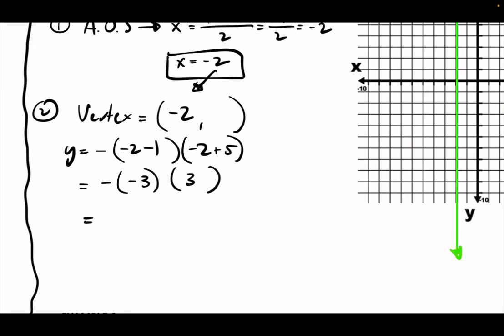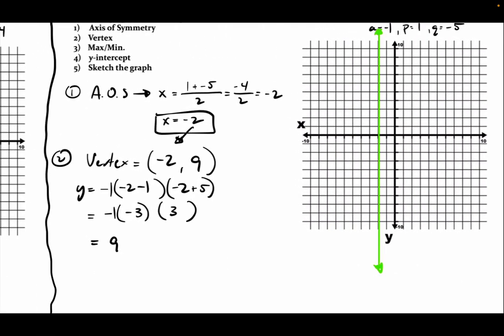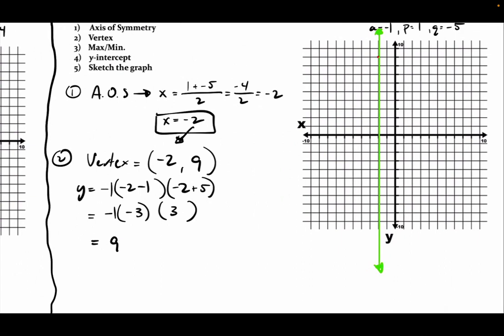Multiply. Well, -3 times 3 is -9, but then I also have this negative in front, which is a -1, so it's going to be +9. Okay. -2, up 9, make a dot. There we go, right there.